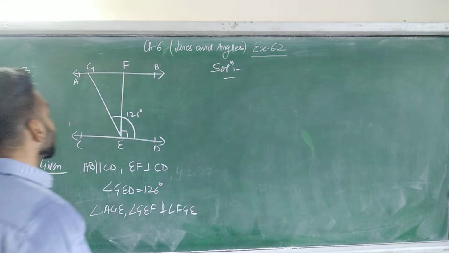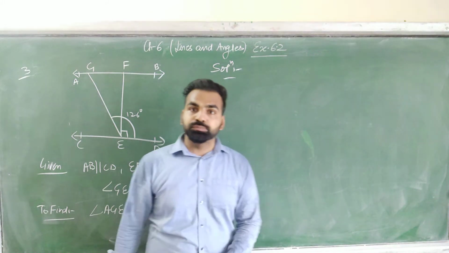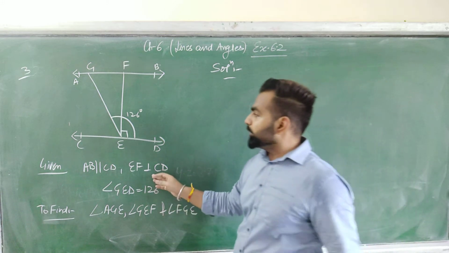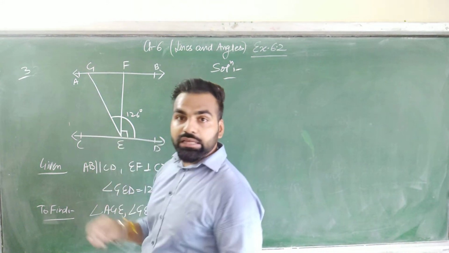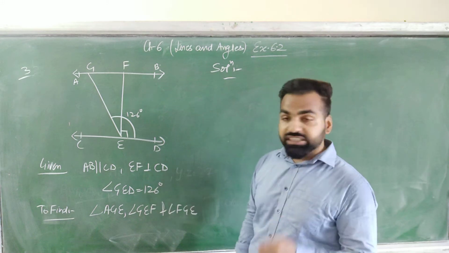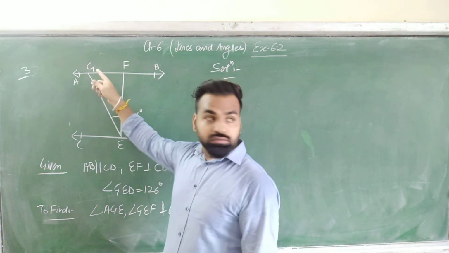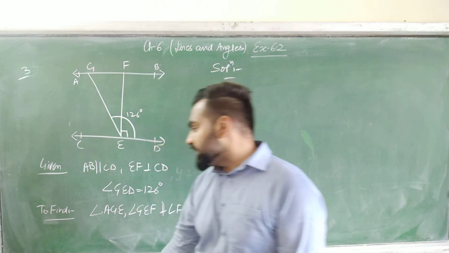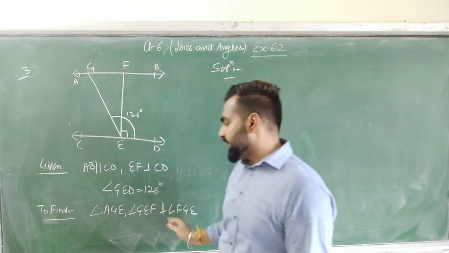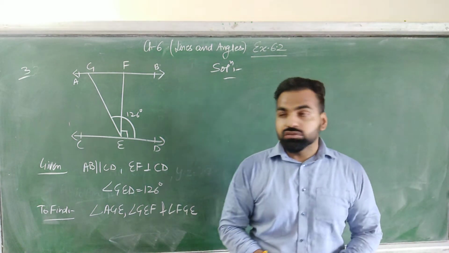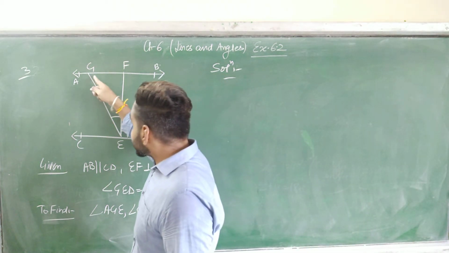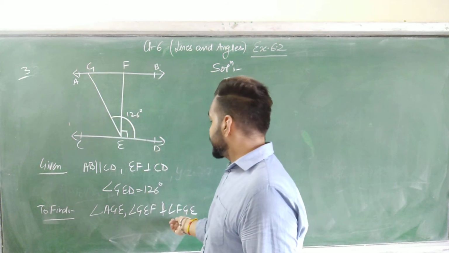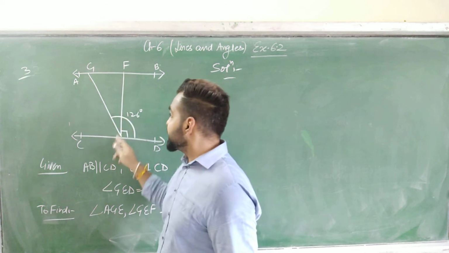So let us see question number 3 of exercise 6.2. Here it is given that AB is parallel to CD, EF is perpendicular to CD, that means this angle is 90 degrees. Angle GED is 126 degrees. This is GED, the complete angle is 126. So we have to find the three angles AGE, GEF and FGE. First of all, we have to find this angle GEF.